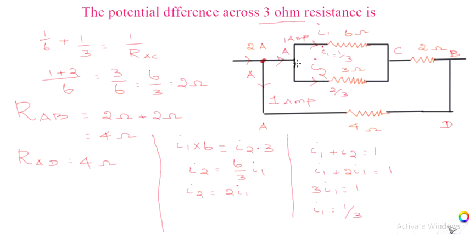In this branch, 3 resistances are there, therefore we have to calculate the total resistance. For that, first we solve this parallel and find 2 ohm, and this 2 ohm and this 2 ohm are in series. Therefore, it is 4 ohm, and in the lower arm it is 4 ohm.